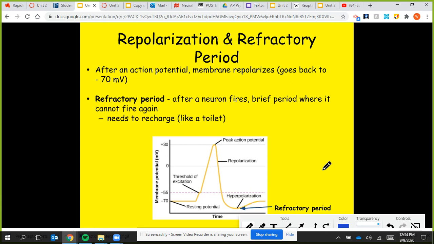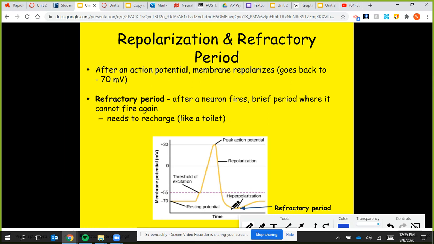After an action potential, once it reaches about positive 30 polarization, it drops down really quickly. It goes boom, and then it pops back down. And because it drops so fast, it goes into what, and just so we know, guys, this is all happening in like the millionth of a millisecond.